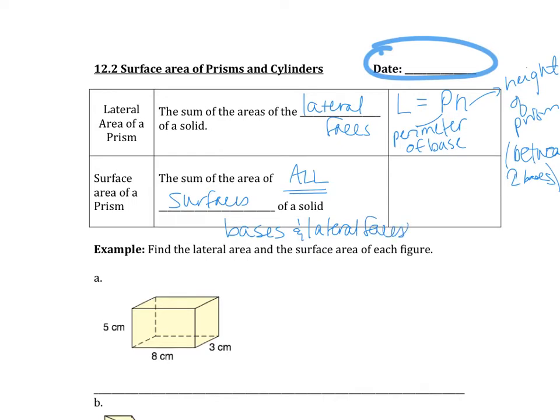Okay, so that's going to be all of the areas, so top and bottom and all the different sides. The formula for that is surface area equals the perimeter times the height plus 2 times the big B. Big B here is the area of the base.